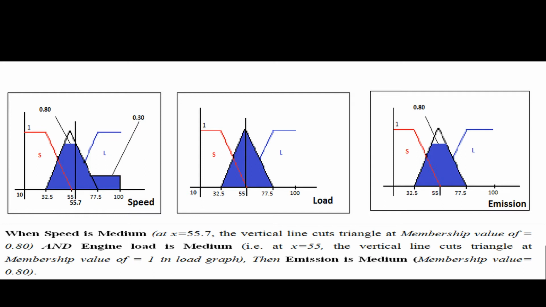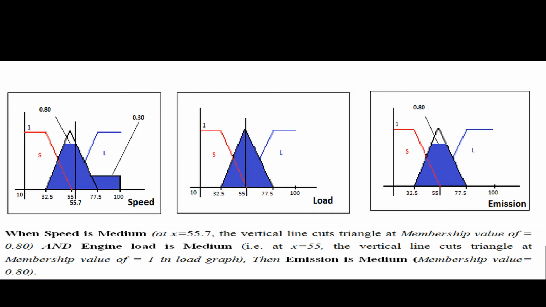Then what will be the emission? The emission is medium and the membership value will be 0.80. Why? This is because this rule contains the AND operator, and to get the fuzzy output we can deploy the min method. That is, we take the min of 0.80 and 1, which comes out to be 0.80.